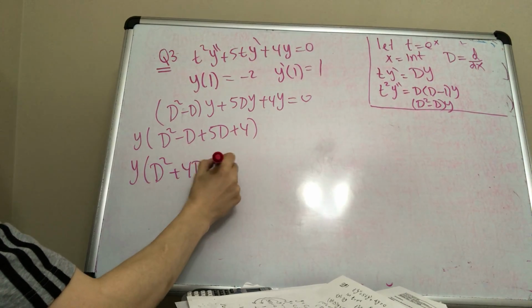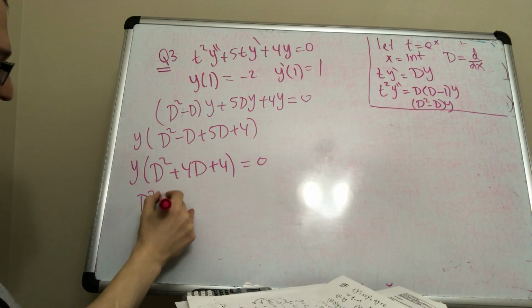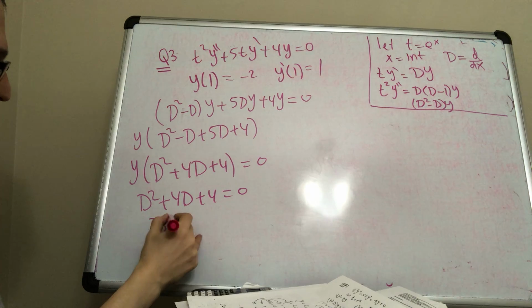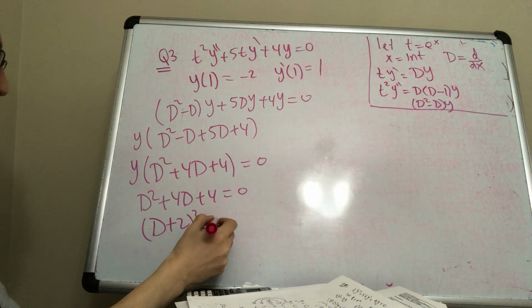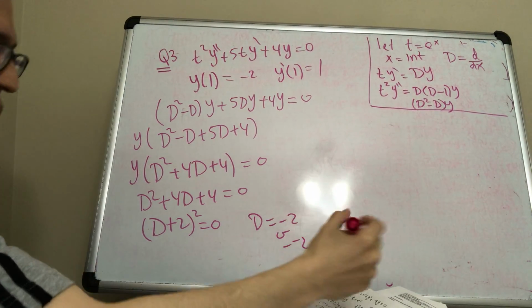For d plus 4, squared, you set this to 0. So the answer is minus 2 repeated.